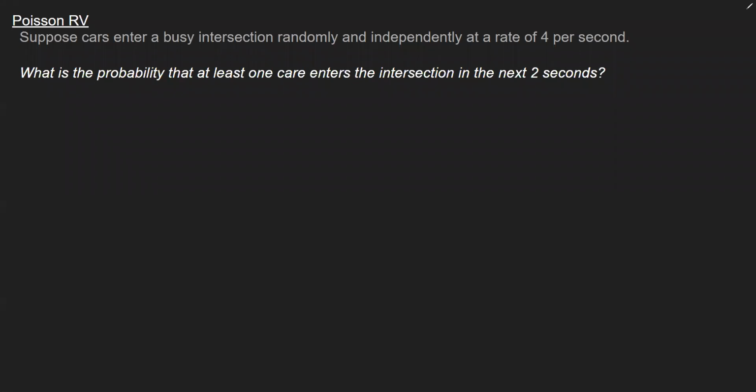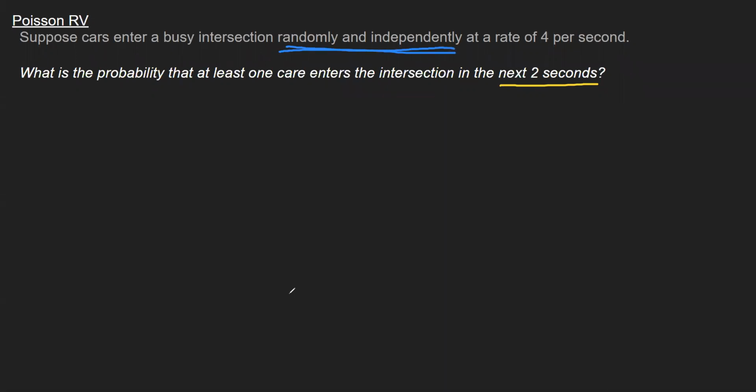In the second part of this car example, there's a little twist, and the twist is now changing the interval to 2 seconds. So even though the information in the problem gives us a rate per second, the question's asking per 2 seconds. This is where the random independence assumption will allow us to navigate.